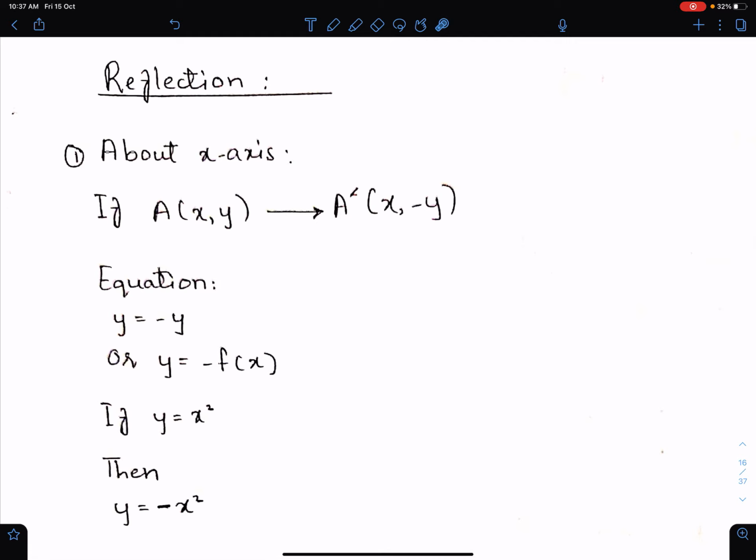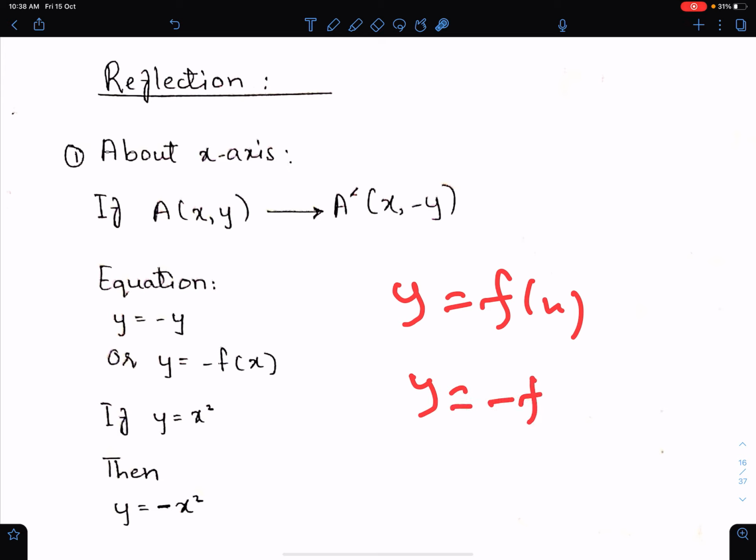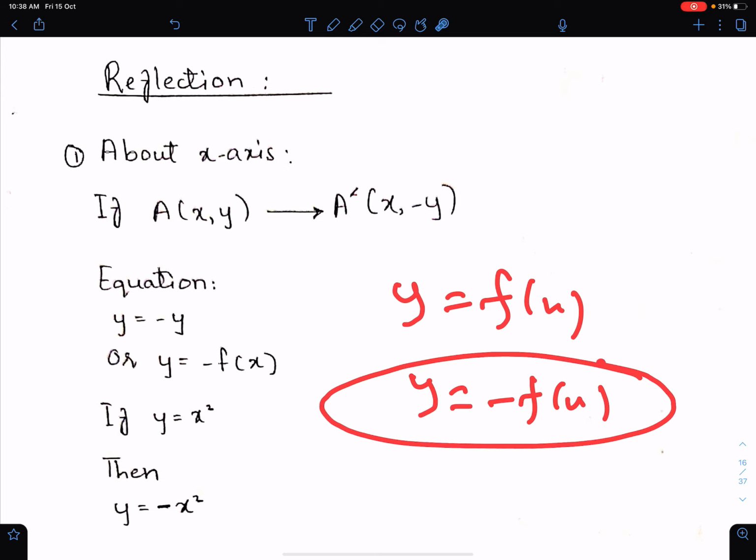So, number one, reflection about the x-axis. When we reflect anything about the x-axis, we opposite the sign of the y-coordinate. We change the sign of the y-coordinate. Similarly, to get the equation of the resulting graph, we need to multiply y is equal to f of x with a negative sign. This is the equation of the resulting graph.